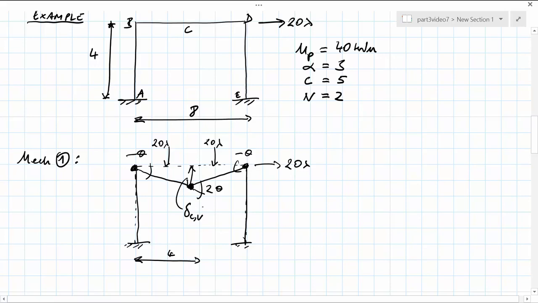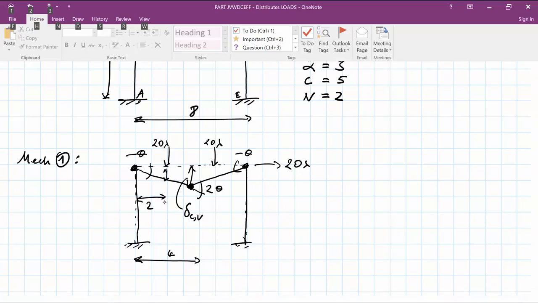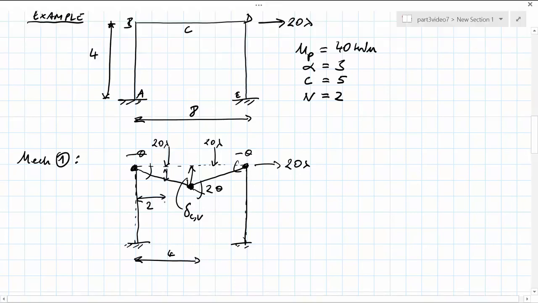It can also be shown that underneath the loads, the displacements at this point are given by 2 times theta. The displacement dCV is then equal to 4 theta.